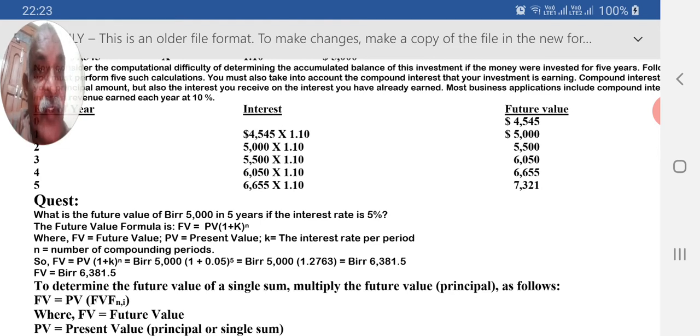So 5,000 multiplied by 1.05 to the power 5. When you calculate 1.05 to the power 5, it gives 1.2763. So 1.2763 multiplied by 5,000 gives 6,381 rupees 50 paise. After 5 years you will get 6,381 rupees 50 paise.